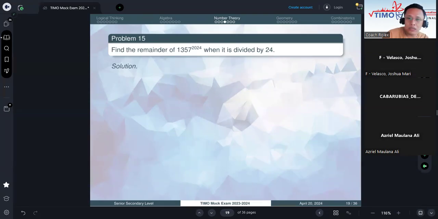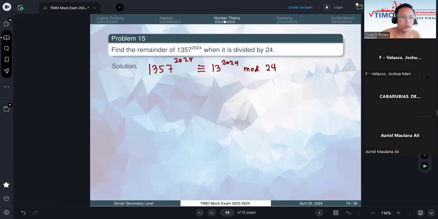If you notice, 1344 is actually divisible by 24. So 1357 to the 2024 can be replaced by 13 to the 2024 modulo 24.